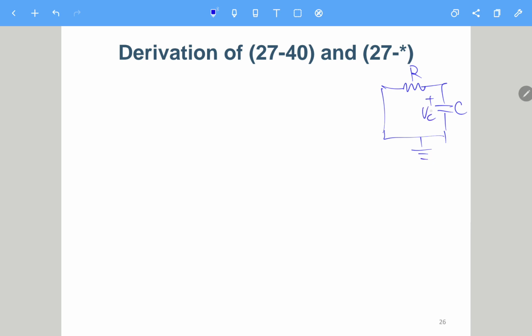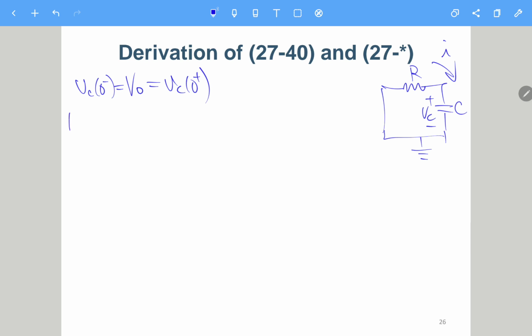Of course, we have VC here, and VC 0 minus, which is V0, equals VC 0 plus, because the voltage of a capacitor must be continuous. We still have I in this direction.